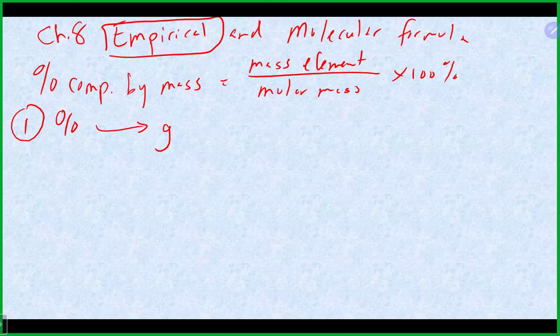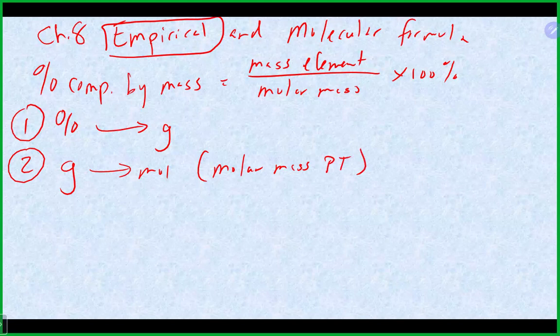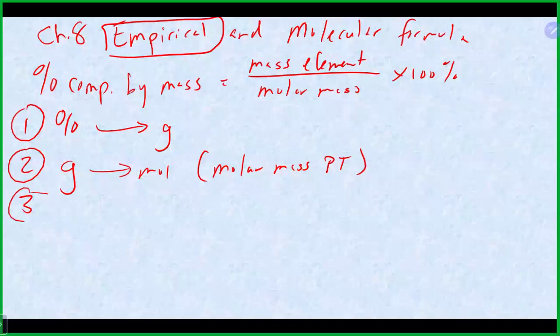We then will take our grams and convert them to moles. And remember, that's the molar mass conversion from the periodic table that allows us to do that. Now, at this point, you will have moles of each element that is present. We're going to then divide by the smallest number of moles.